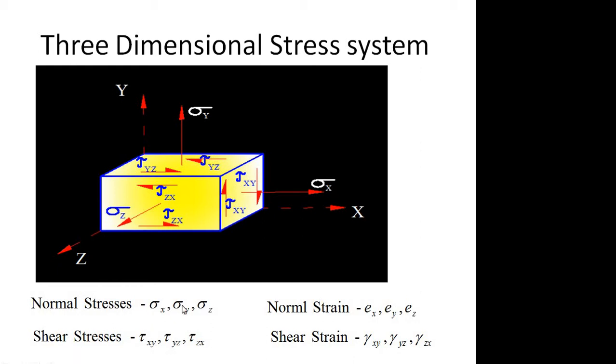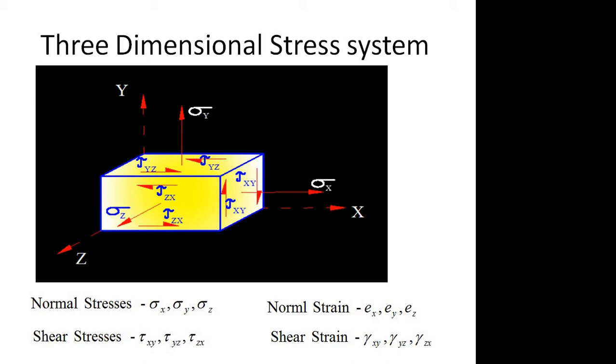So these are the normal stresses, right? What these normal stresses do is they tend to pull the material away. That is, they tend to extend the material along the x, y and z directions, since the direction shown is away from the material, right?